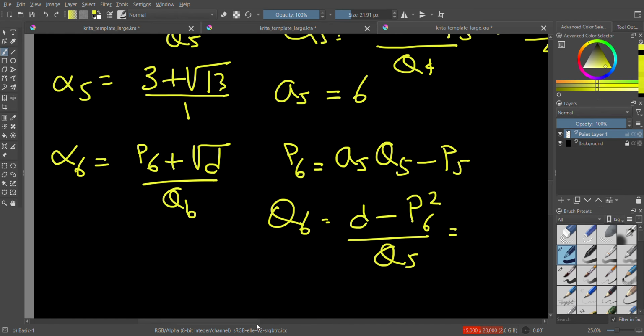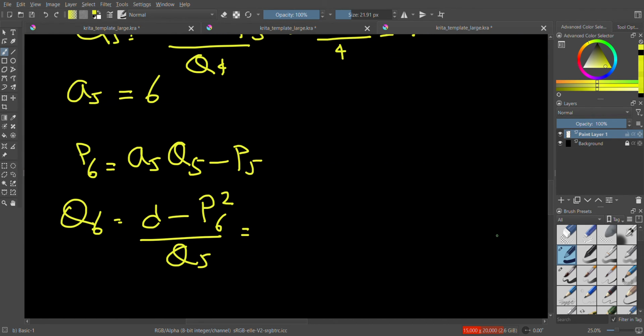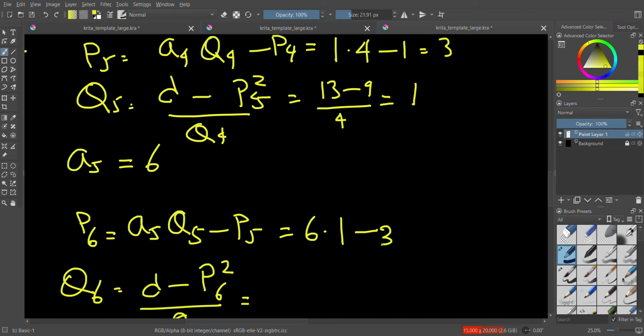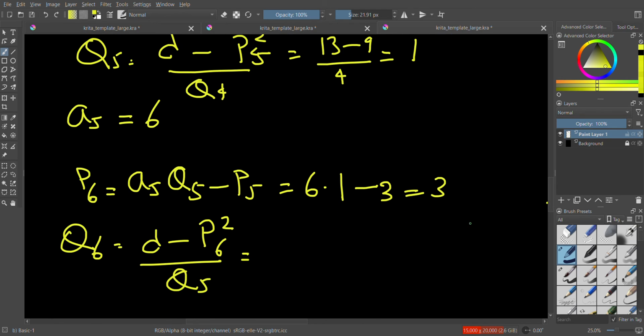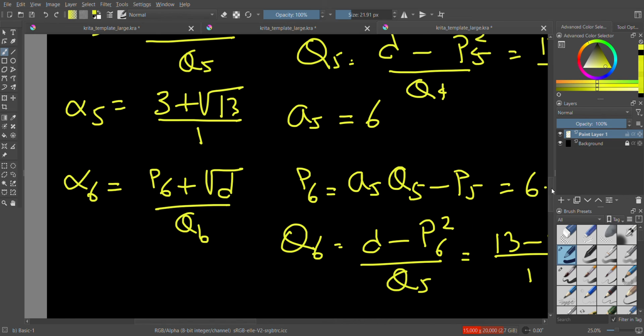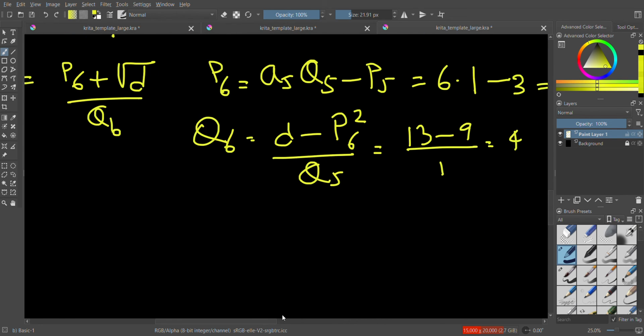All right, let's go fill that in. Okay, so A5 was 6, Q5 was 1, P5 was 3. This is 3. And then this is 13 minus 9, which is going to be 4, divided by Q5, which is 1. So this is 4. So we have, did I do that too fast for you?